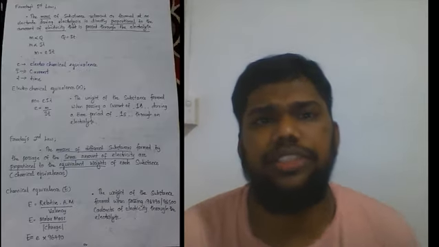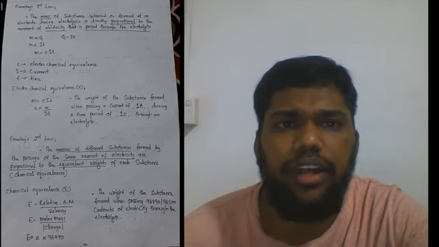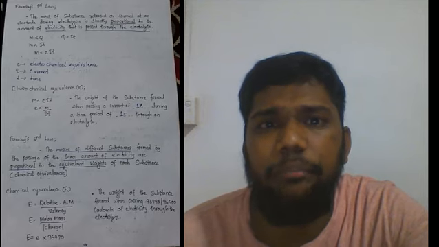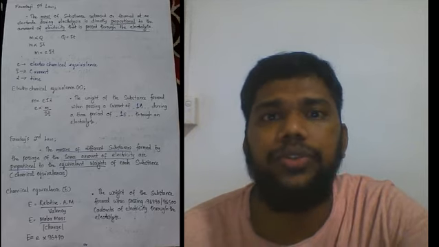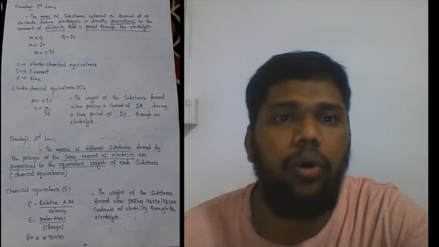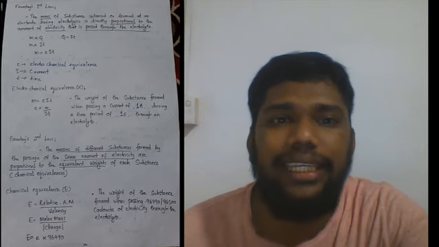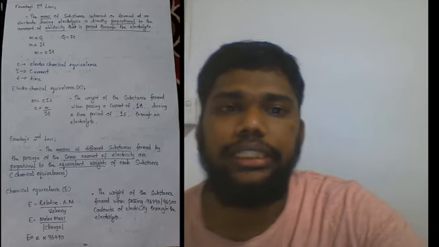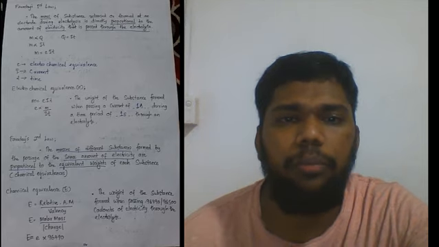Faraday's first law, I have underlined the important terms. It indicates that mass is proportional to the electricity passed through the electrolyte. So m is proportional to Q, which means m is proportional to IT, and m equals EIT, where E means electrochemical equivalent.